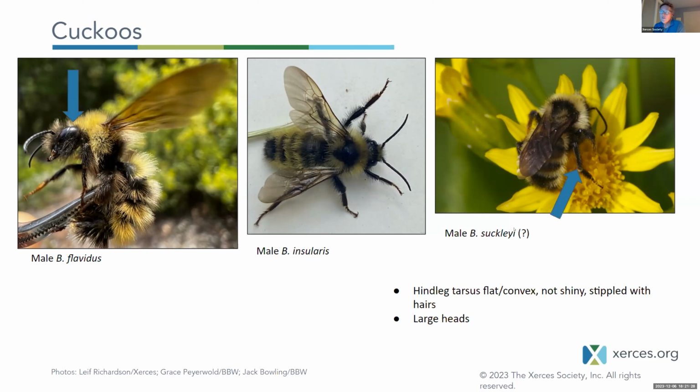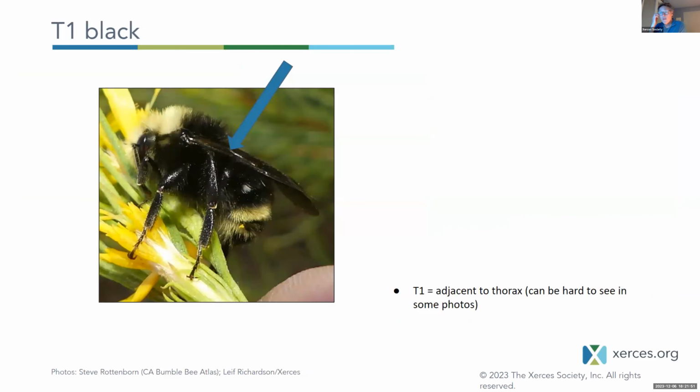Males obviously don't carry pollen, and so they don't have that pollen basket. The cuckoo males have even less of a pollen basket. I guess they have somewhat of a convex shape to that body part. It's usually not at all shiny, and it is usually stippled with hair all over, which I think you can see in this photo, and that distinguishes them from some of the other males.